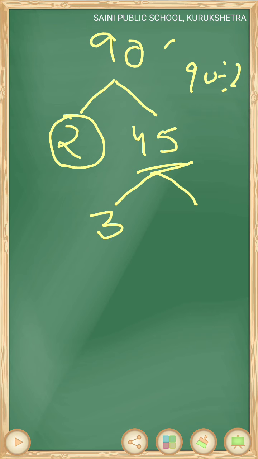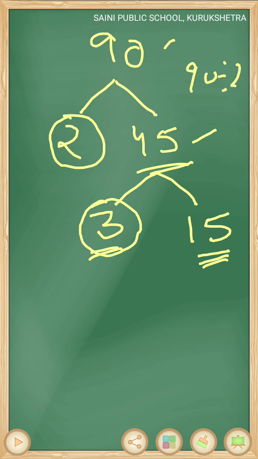When we divide 45 by 3, the quotient is 15, so here 15. So you can see 3 into 15 gives 45, and one is prime and the other is composite. 3 is a prime number, so we will circle it.